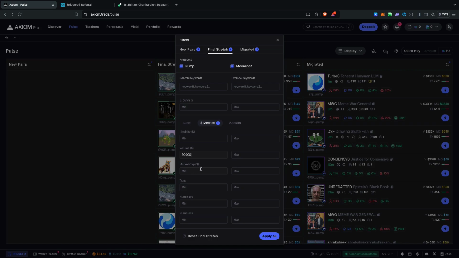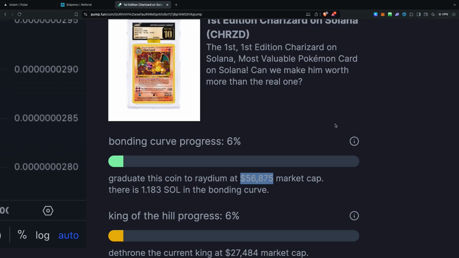When it comes to the market cap, the second aspect of the metric filter you're supposed to use, just look at 30% to about 25% from the graduation threshold. In this case we're talking about 60,000 US dollars.